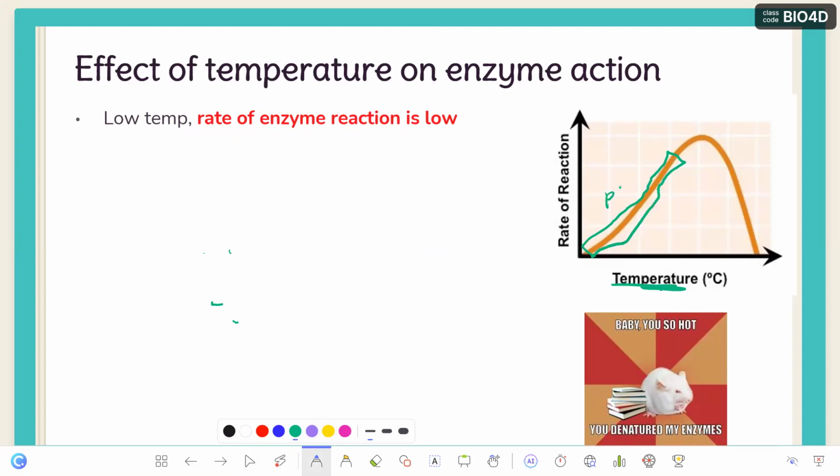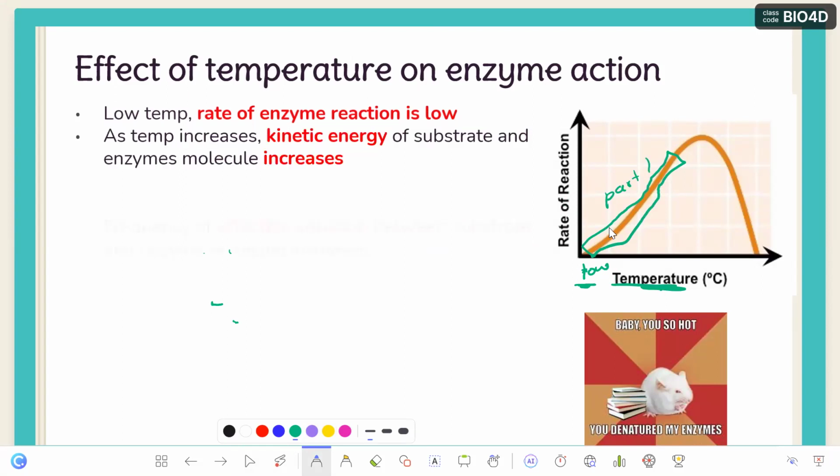Part 1. Now here the temperature is low temperature. So at low temperature, the rate of enzyme reaction is very low, because the kinetic energy of the substrate and the enzyme is low, they are moving very slowly.